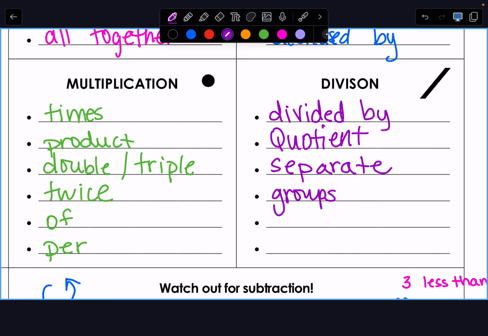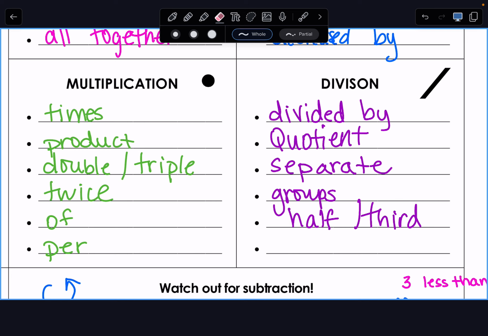What's the inverse of double? Cutting something in? Half. Or third. Or a fourth. Or a fifth. Or blah, blah, blah, blah. Okay? Half of a number would be like x divided by 2.